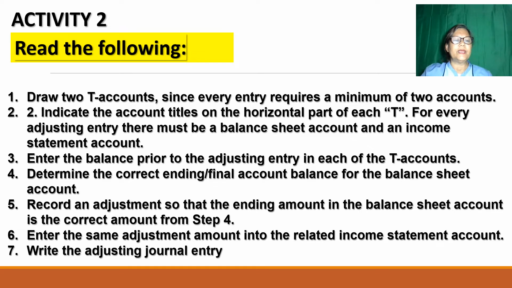Number 4, determine the correct ending or final account balance for the balance sheet account. Number 5, record the adjustment so that the ending amount in the balance sheet account is the correct amount from step 4.